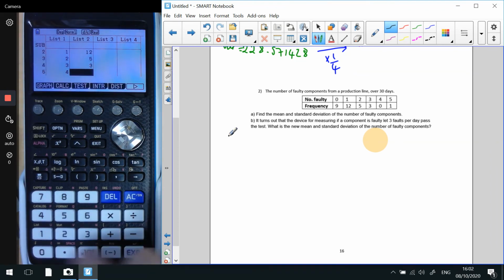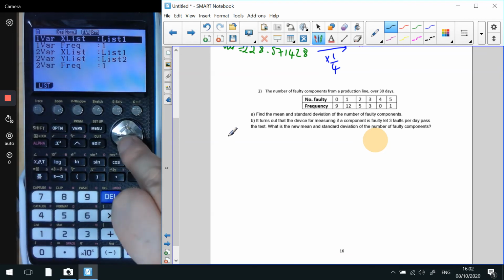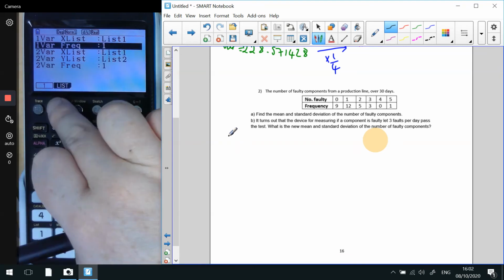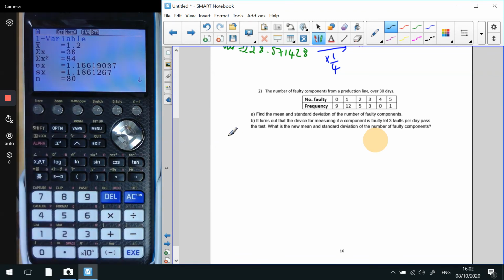Calc, remember that we now need to change this to tell it that we have frequencies in list 2. And we're going into 1 var.